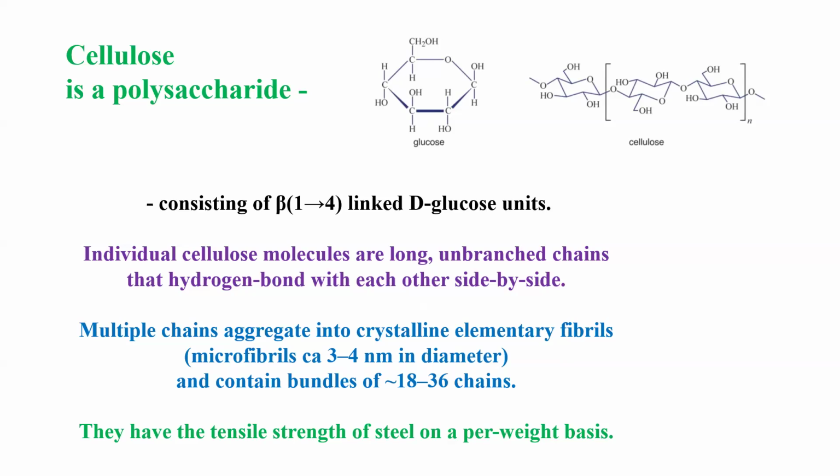Multiple chains aggregate into crystalline elementary fibrils, which can be 3 to 4 nanometers in diameter, and they contain bundles of 18 to 36 chains. So they have the tensile strength of steel if you normalize it with the weight. It's really incredible how these molecules can provide it.